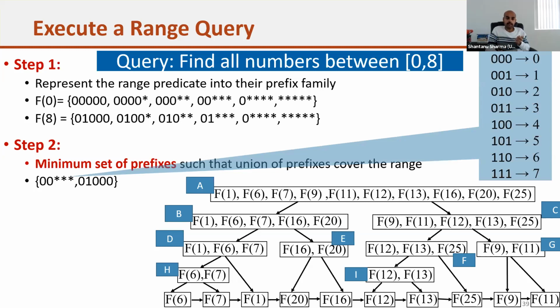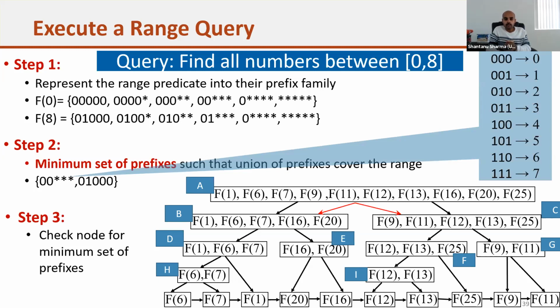What will happen in the next step? I will send this data to the cloud. Suppose the cloud contains this index in clear text. Now the cloud will do the same operation. It needs to search only these two prefixes in each node. If the intersection is not null, it will continue. Otherwise, it will stop. So on node A, it will continue. Then it will find that B is matching, so it will continue to node B. It may also continue to node C, or it may not, depending on the numbers.